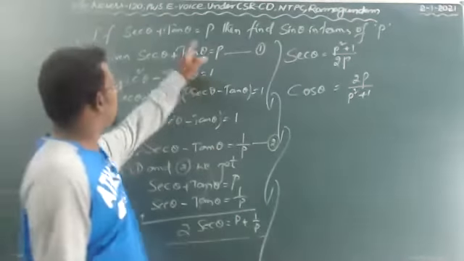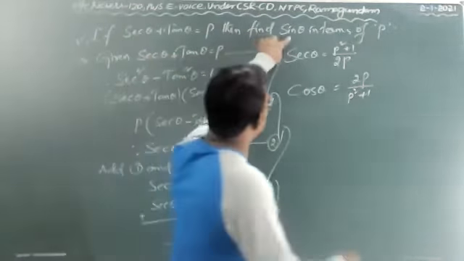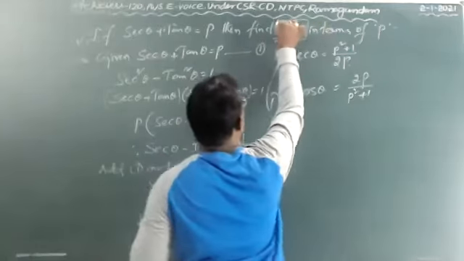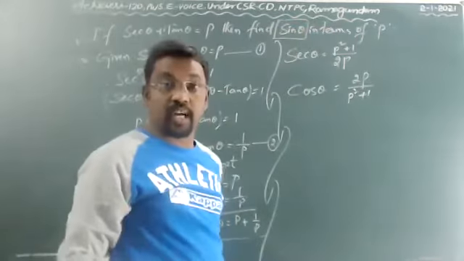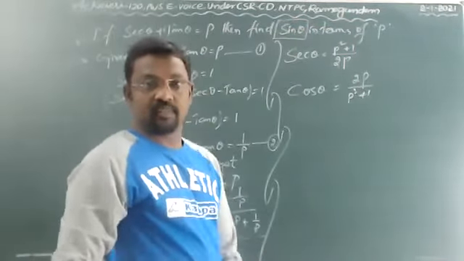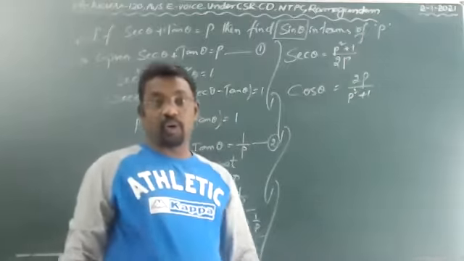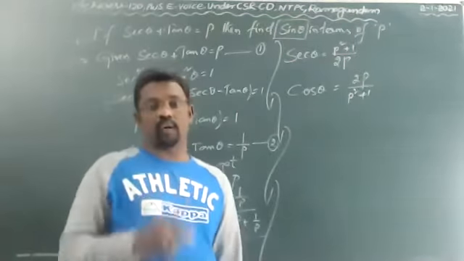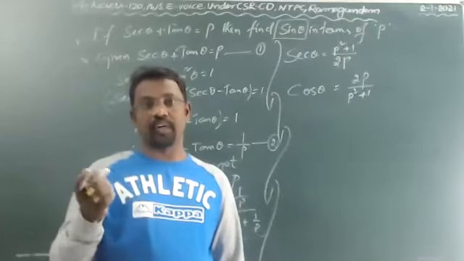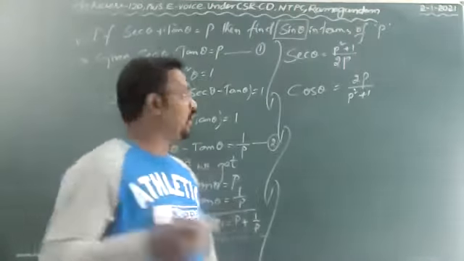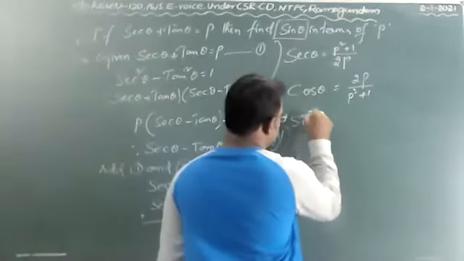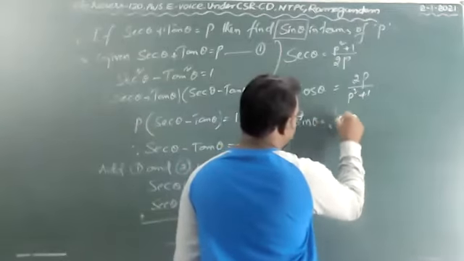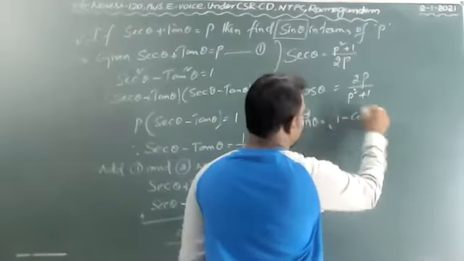Now we can find the value of what we have to find, sin theta. We have identity 1: sin square theta plus cos square theta is equal to 1. Then sin theta is equal to root of 1 minus cos square theta.